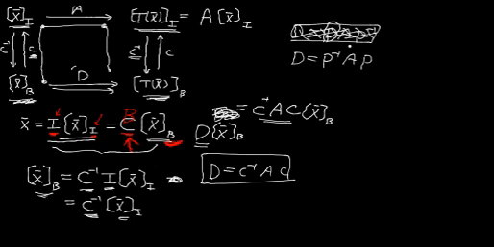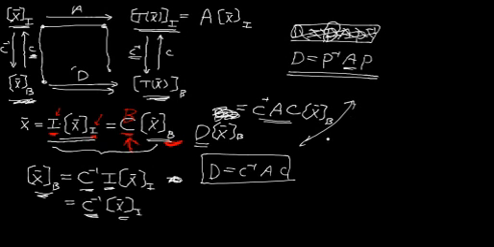Diagonalization: if you have any square matrix A, an n by n transformation matrix, then P is the matrix of eigenvectors, and P inverse is the inverse of P. How is this related to this thing? It looks quite similar, right? There is definitely a good relationship between these two.